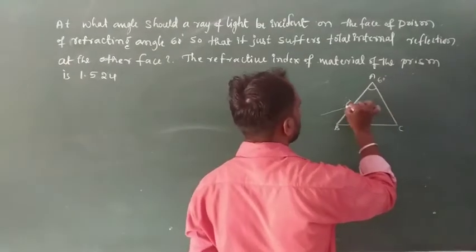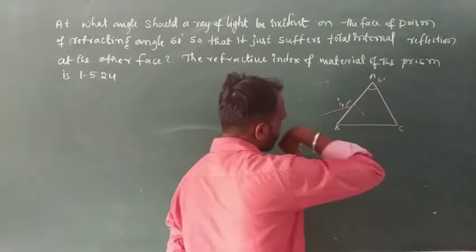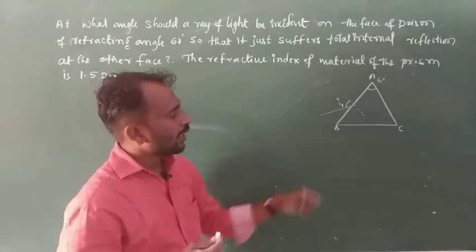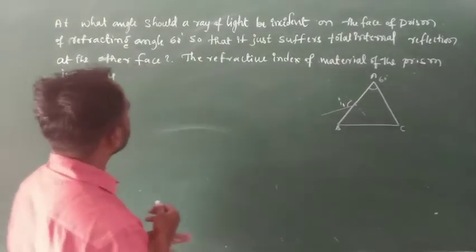We consider this one as the first refracting surface. The angle of the prism is 60 degree. Suppose a light ray is incident on the first surface of the prism, and we consider the angle of incidence as I1. We want to calculate the angle of incidence I1, and the angle of the prism is 60 degree.